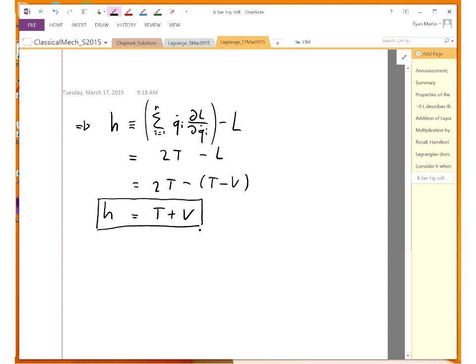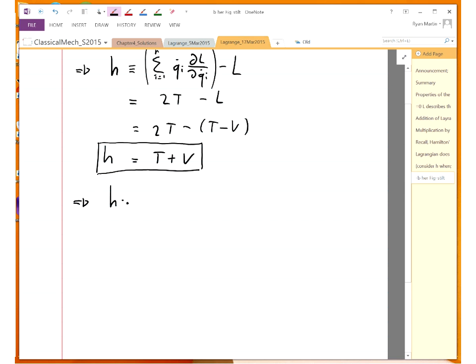So what is T plus V? The kinetic energy plus the potential energy. Well, we call that the total energy. And we said that H is constant if ∂L/∂t is 0. So the total energy is constant if ∂L/∂t is 0. We have a name for that, and that's just conservation of energy. So H is equal to the total energy.